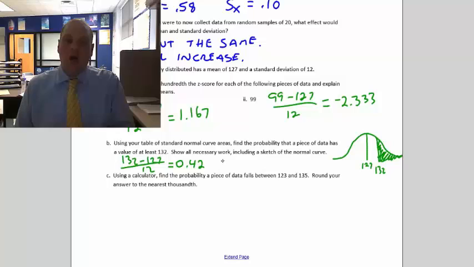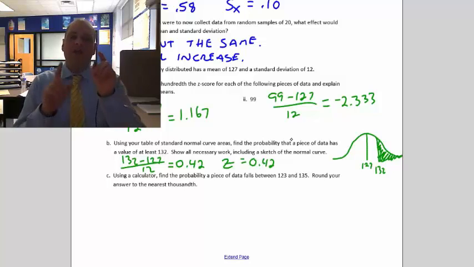So look up z equals 0.42 in your table and do 1 minus it, because when you look it up in your table, that's going to give you all this area to the left of the 132. We want the area to the right of the 132, the probability at least, the probability greater than. So the final answer is 0.3372.